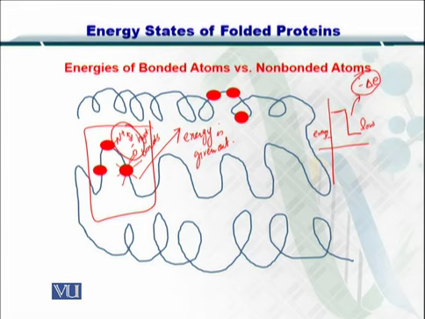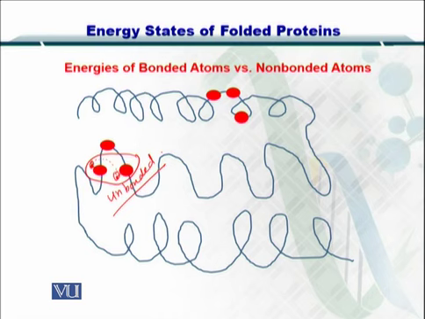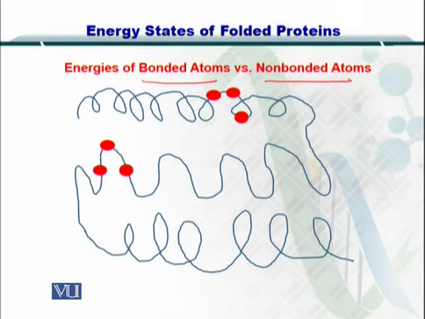Now, if we consider these two atoms from these two amino acids that are far away, then the chance of these two atoms making a hydrogen bond is very low, and therefore they will remain unbonded. Unbonded atoms typically contain energy and therefore destabilize the structure, and we'll consider both the bonded and non-bonded atoms during the ab initio modeling process.